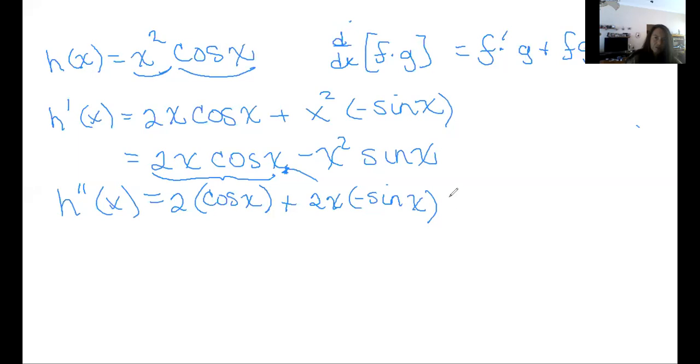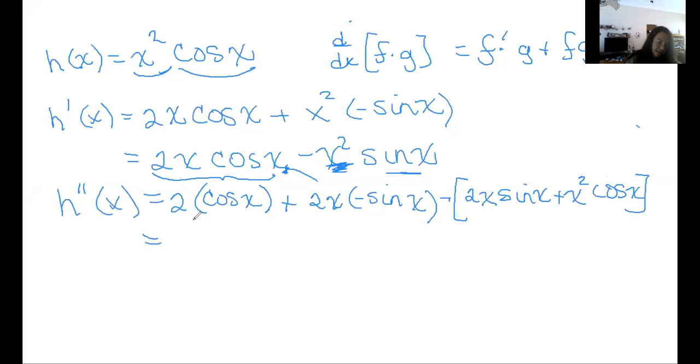I had to use a product rule, minus 2x, I'm taking the derivative of this one, sine x, plus, now I'm going to take this one, leave it, and take the derivative of this one, x squared cosine x.